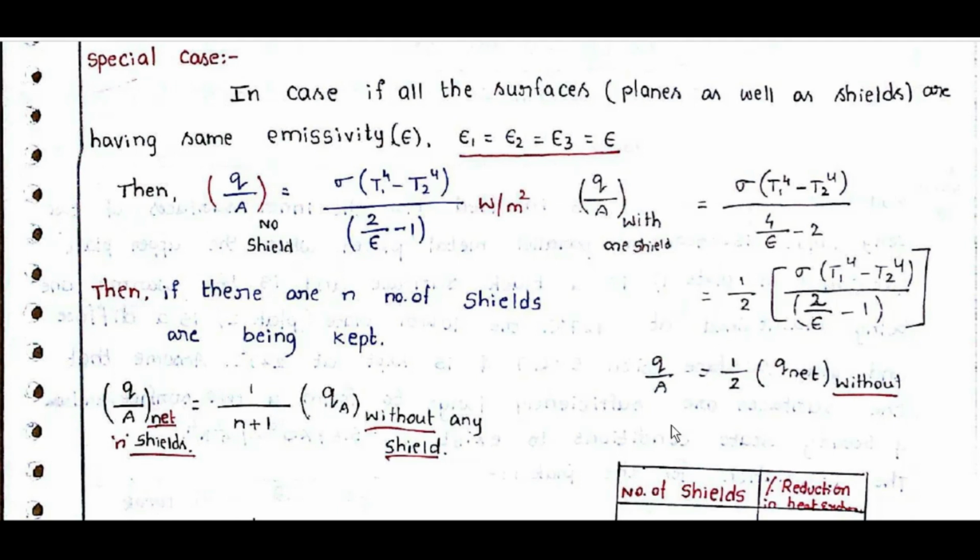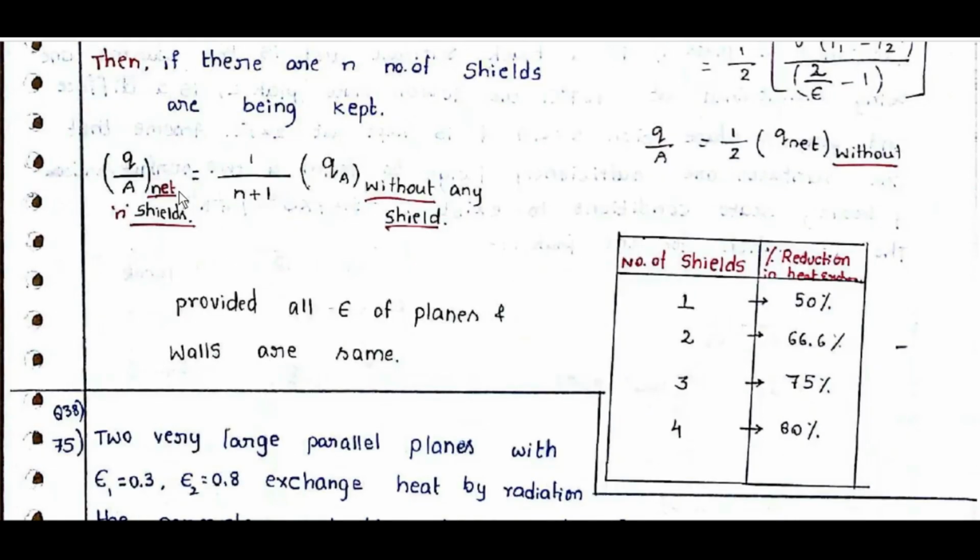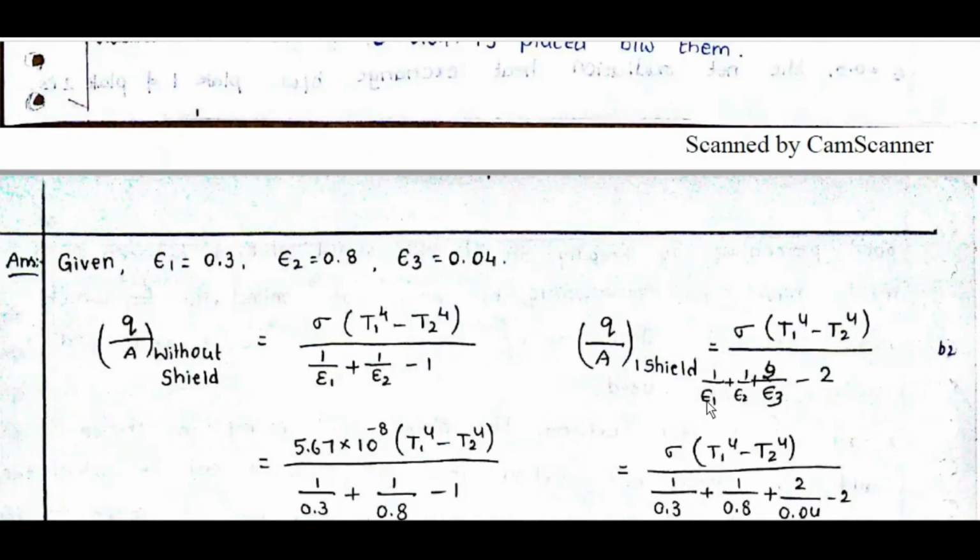Taking half outside, Q by A is equal to 1 by 2 into Q net without shield. Then if n number of shields are kept, Q by A net with n shields is equal to 1 by (n plus 1) Q by A without any shield, provided all epsilon of planes and shields are the same. One shield gives 50% reduction, 2 gives 66.6%, 3 gives 75%, 4 gives 80% reduction.